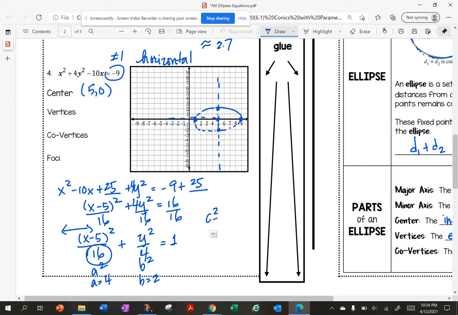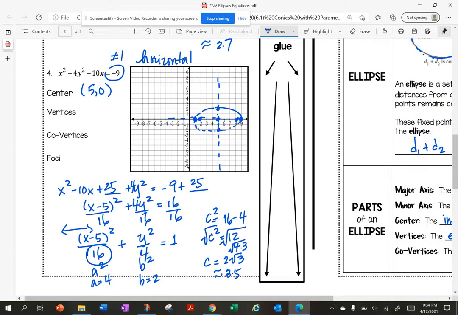So c squared is a squared, which is 16, minus b squared, which is 4. So c squared is 12. I'm going to take the square root of both sides. And this is going to be the square root of 4 times 3, which is 2 times the square root of 3, approximately 3.5. So I'm going to add 3.5. 1, 2, 3.5. 1, 2, 3.5.